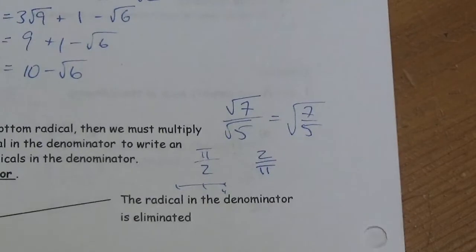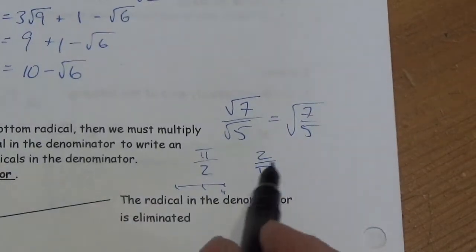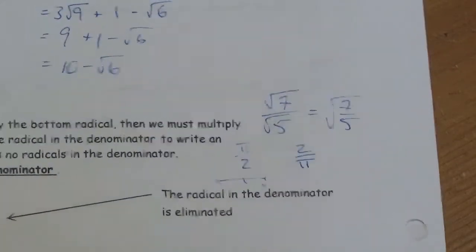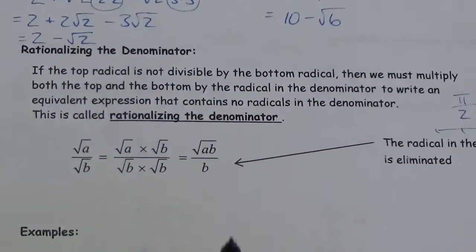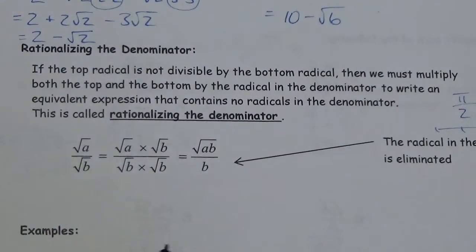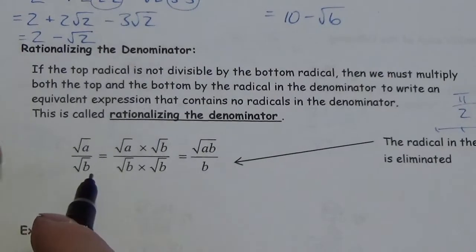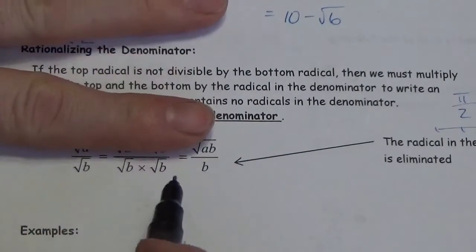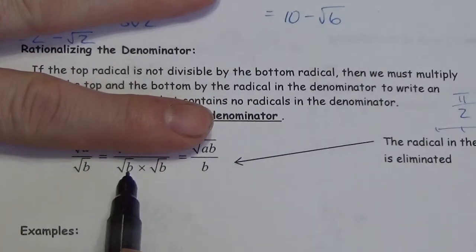So what we've done is this thing called rationalizing, where we get rid of the irrational number in the denominator. Now, it's not going to work with pi here, but it does work quite nicely with radicals. I'll show you. So let's say you've got something like root a over root b, and a does not divide by b. Well, because this is the square root of b, if I simply square it, that's just going to cancel.